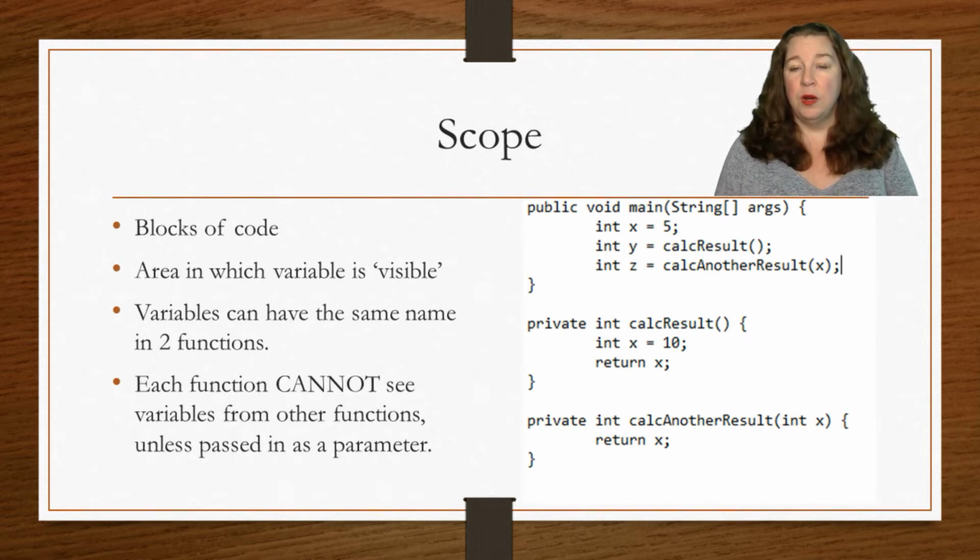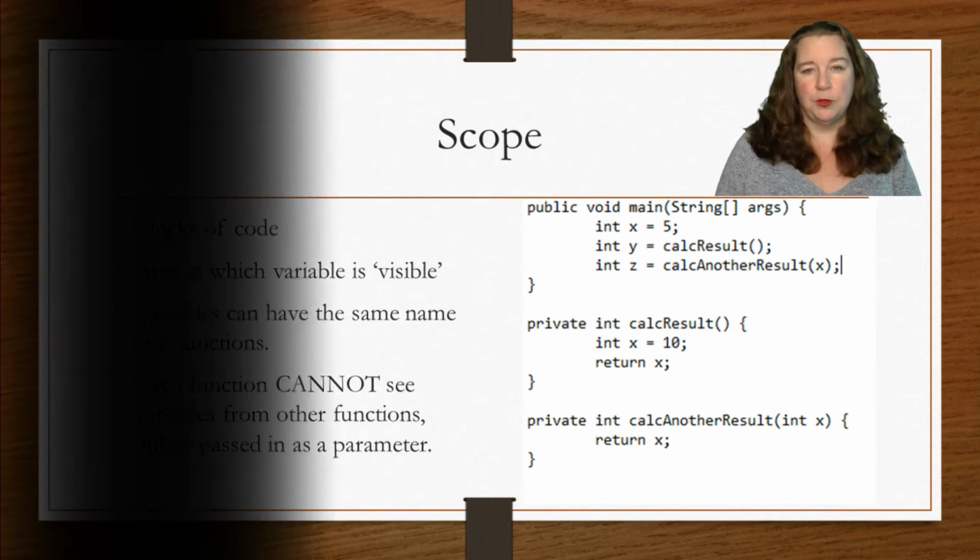Even though they end up being the same value, they are different variables. So it's really important to keep track of your scope. Each function cannot see variables from other functions unless they're passed as a parameter. Keeping track of your scope is a really important concept in any programming language.